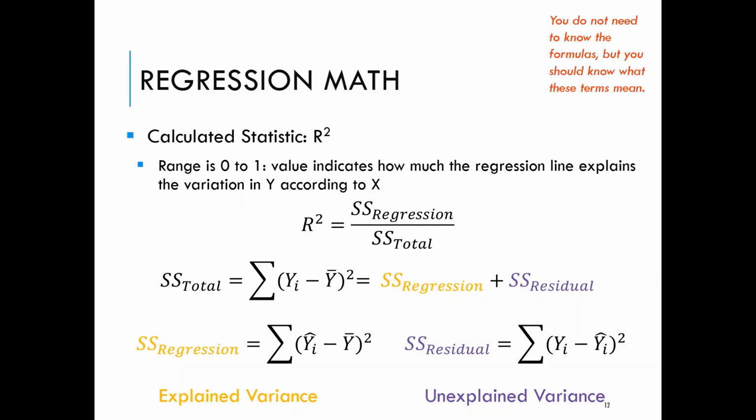You don't need to know exactly what these formulas do, or how to do them in Excel by yourself, because we have the tools to do them for us, but I am going to show you what this looks like in the next slide. So notice that the regression is in yellow. This is the explained variance. The residual or error is in purple, and this is the unexplained variance. So what the regression line does not account for.